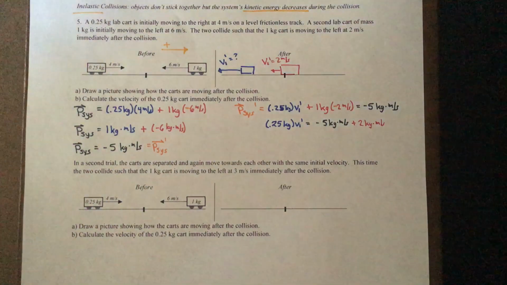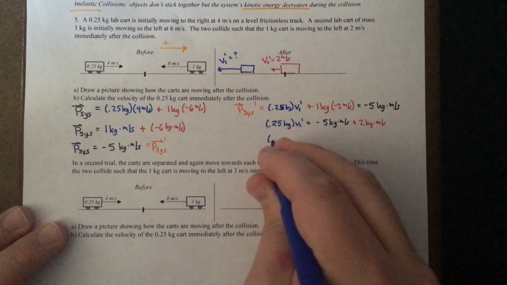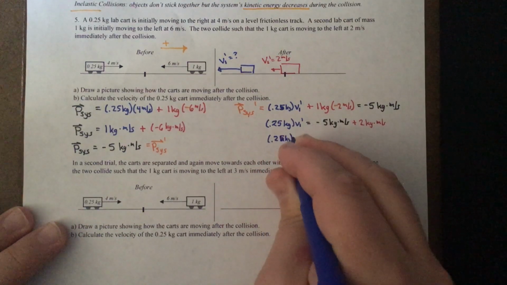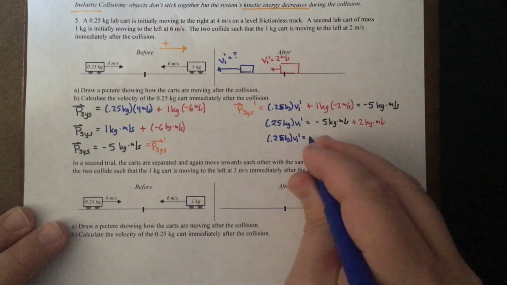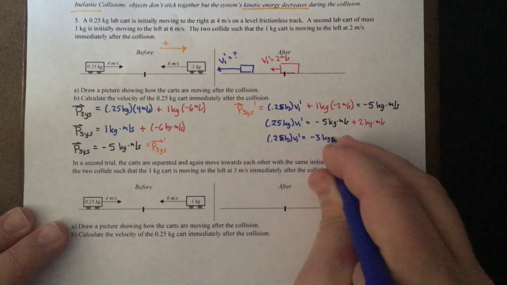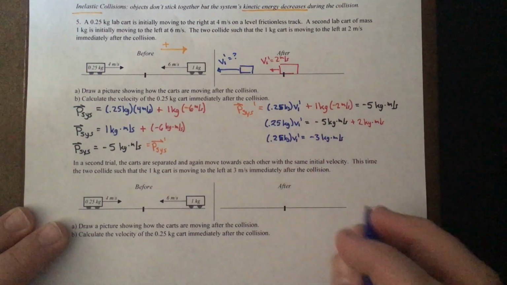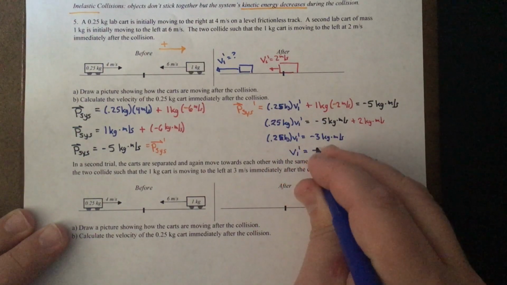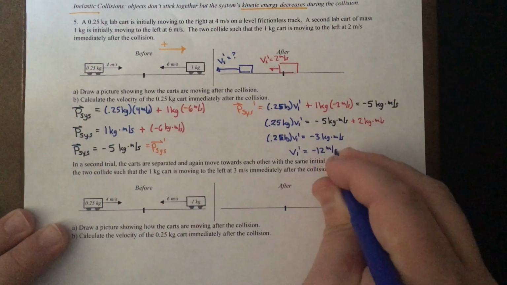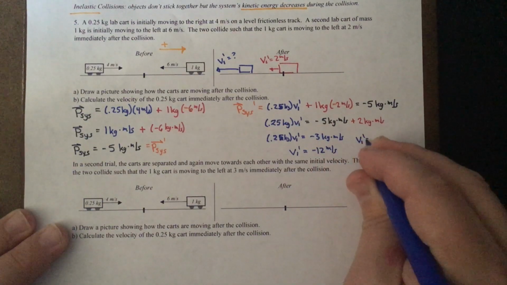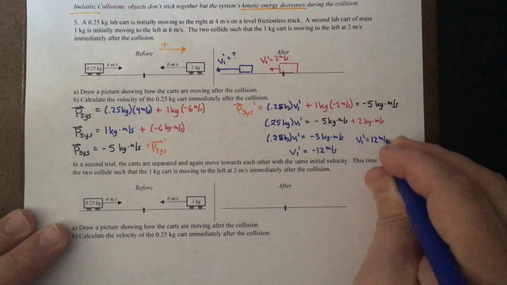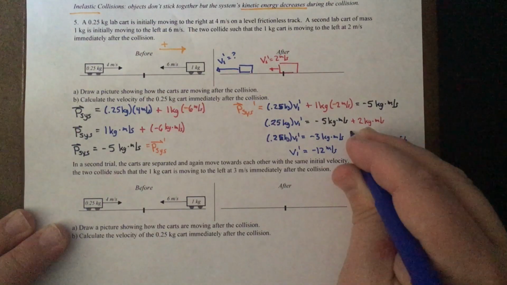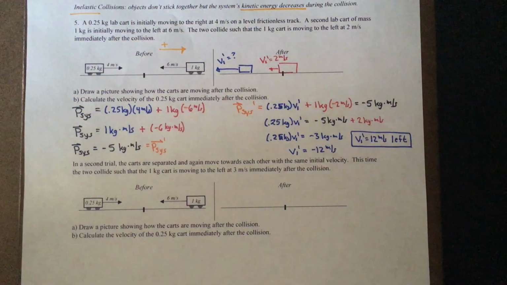So what that means is that the momentum of the first one is negative 3 kilogram meters per second. And so V1 prime would be negative 12 meters per second, or 12 meters per second to the left. That's how I prefer that we write that.